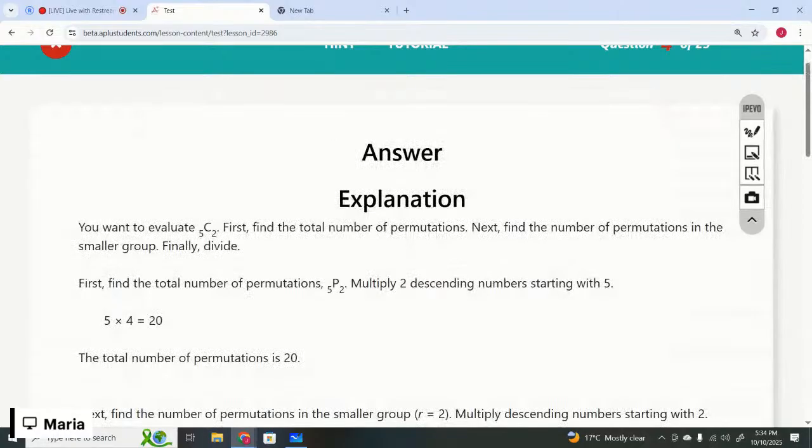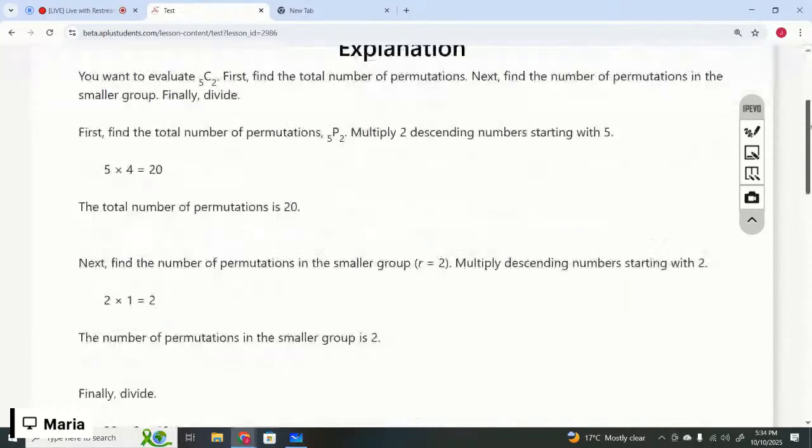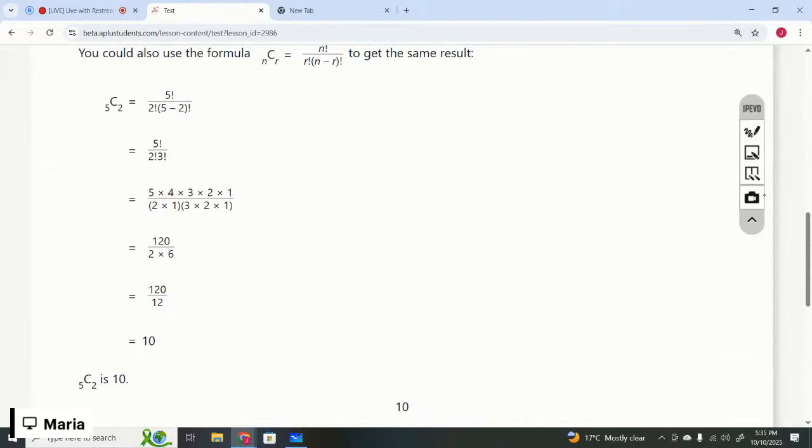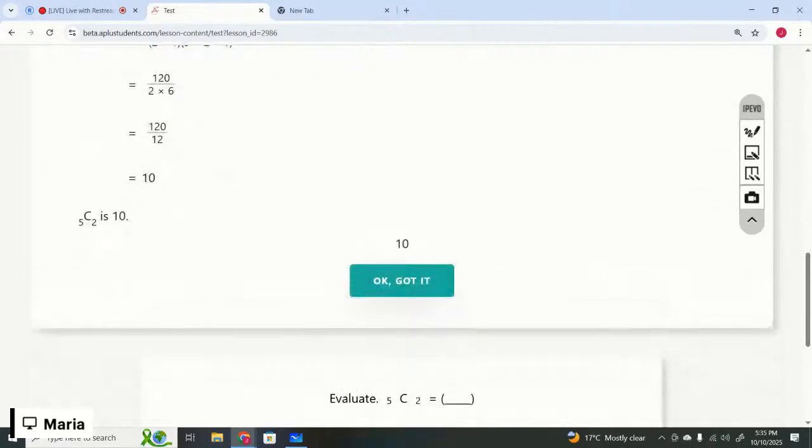Option number 2 is the correct option. Oh, that is 5C2. That is 10. Okay, got it.